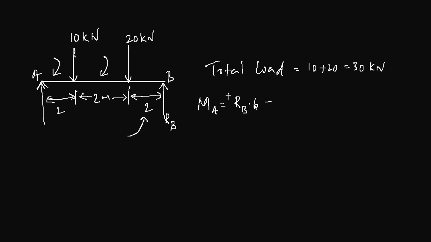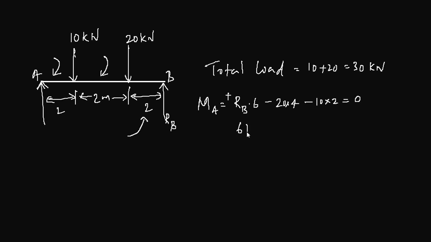So 6 RB minus 20 kilonewton at the distance 4 meter, so 20 times 4, minus 10 kilonewton at 2 meter, so 10 times 2, is equal to 0.